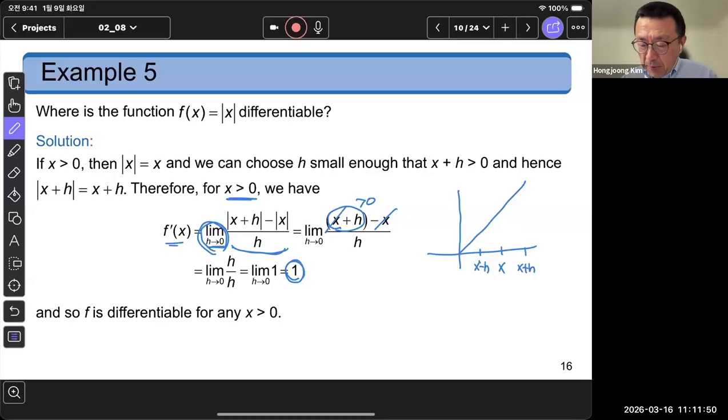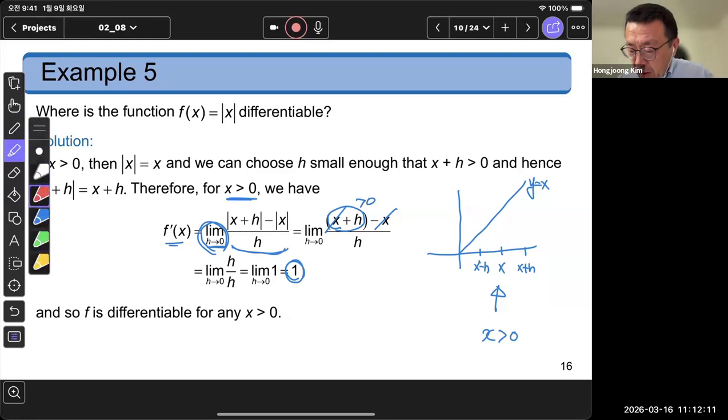Or in other words, when you look at this graph of the function for positive x, you have y equals x. That is the graph of the function. And at every point to the right of 0, the tangent line will be just y equals x itself.